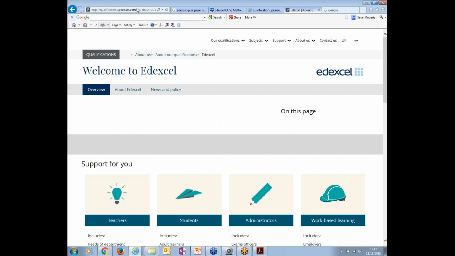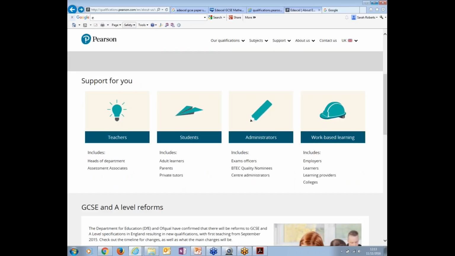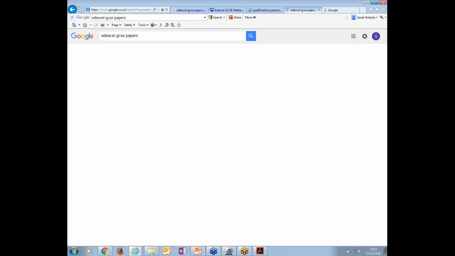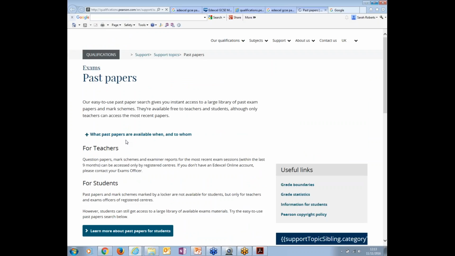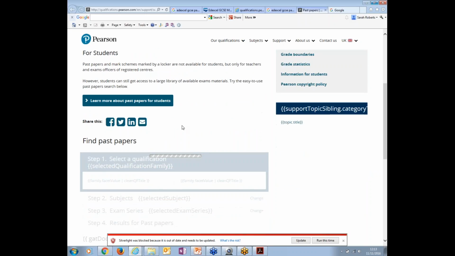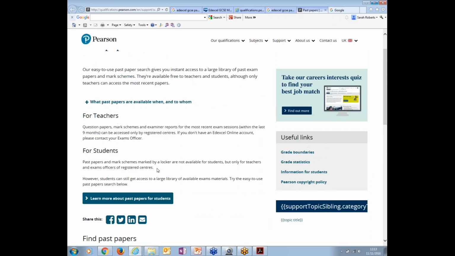Wrong place. Hang on. Papers within the last 9 months can be accessed only by registered centres. Okay, so that's why we haven't yet seen the summer one, and I still can't see it for another 9 months.